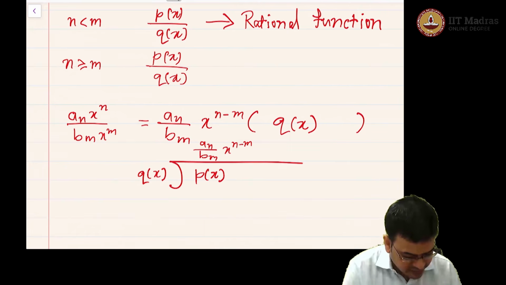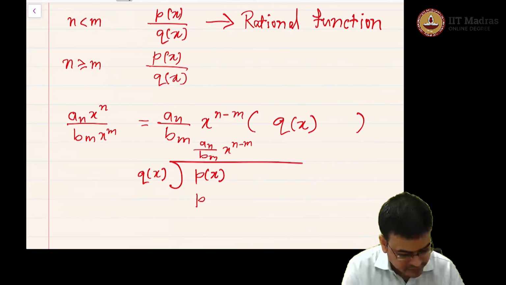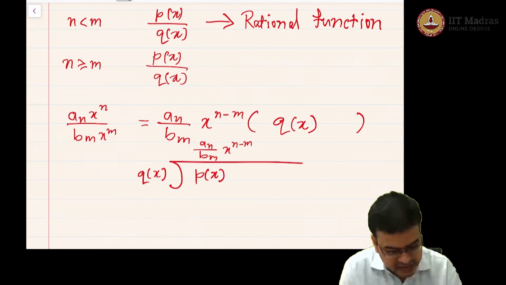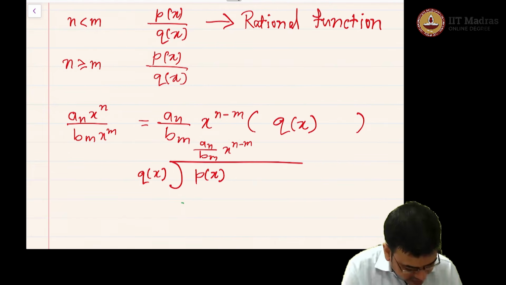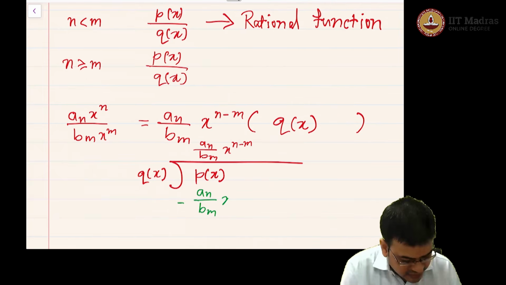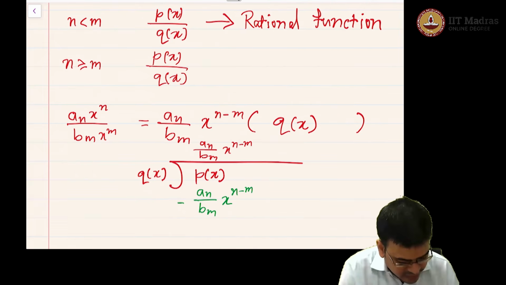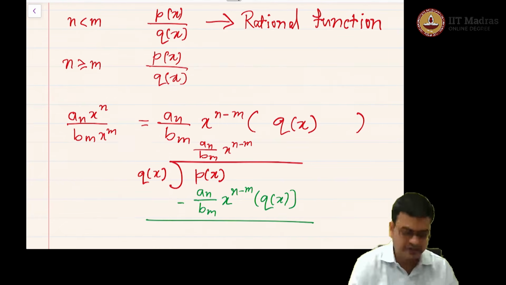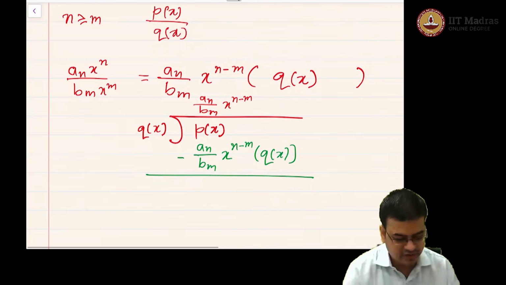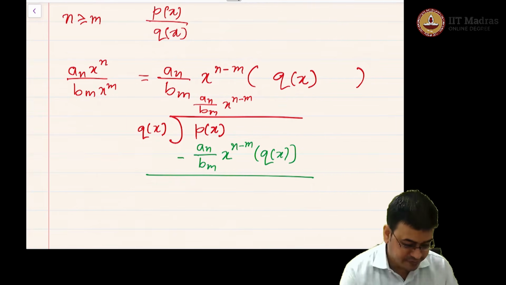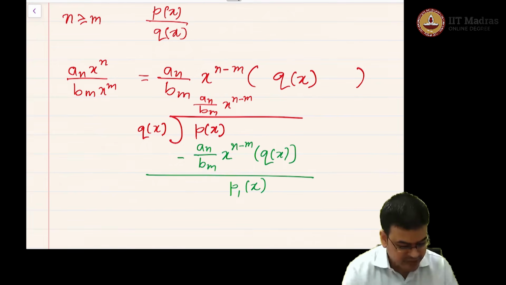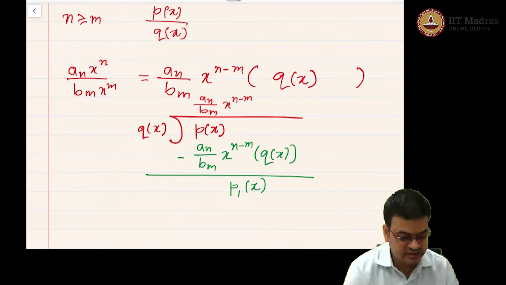Then I will write p(x) as it is, and subtract a_n by b_m x^(n minus m) into q(x). Then I will look at the remainder term, the terms that are remaining. Let me call that remainder p1(x).